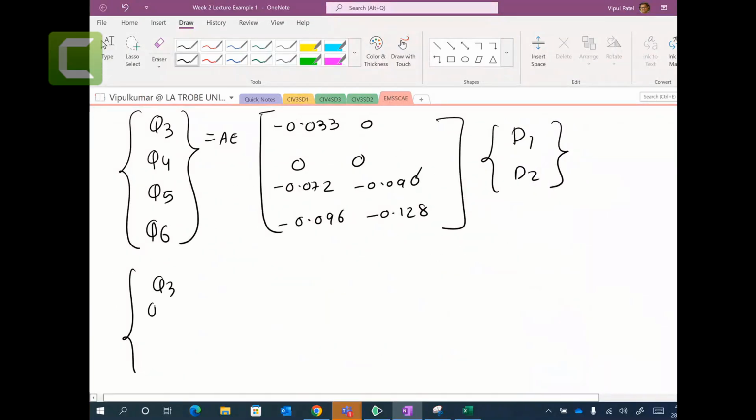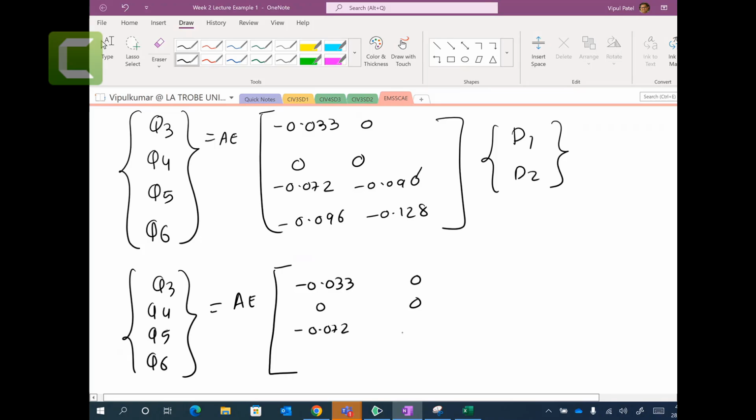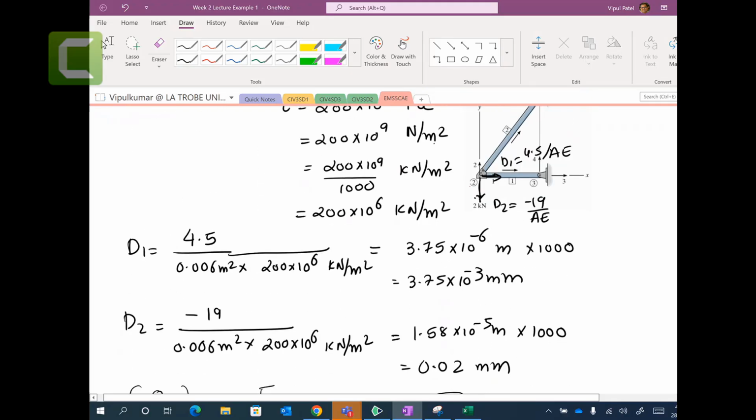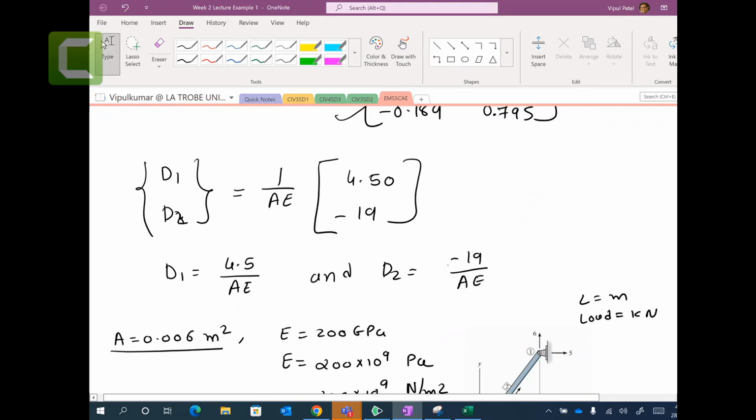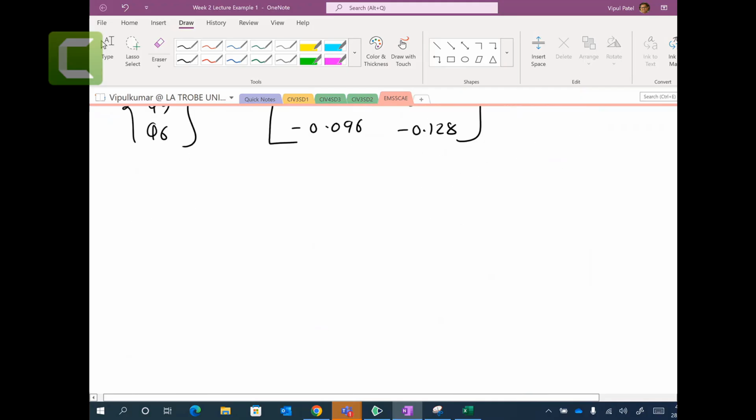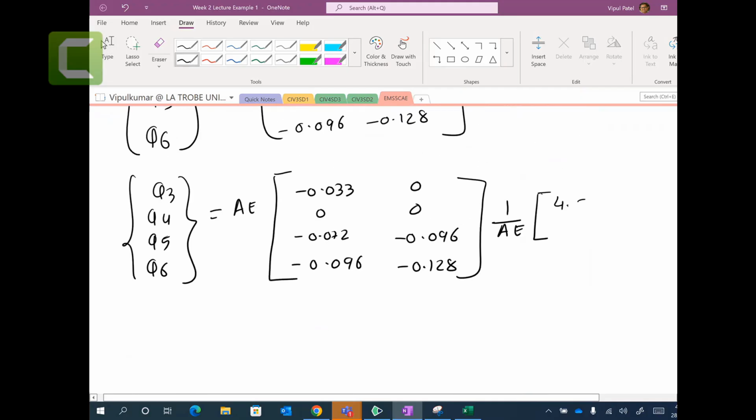So Q3, Q4, Q5, Q6 equal to AE times the matrix minus 0.033, 0, 0, minus 0.072, minus 0.096, minus 0.096, minus 0.128, times 1 over AE, times D1 and D2. D1 is 4.5 and D2 is minus 19. We can cancel this.